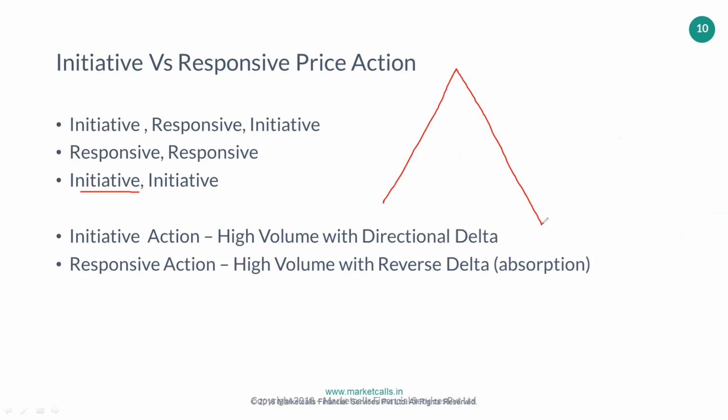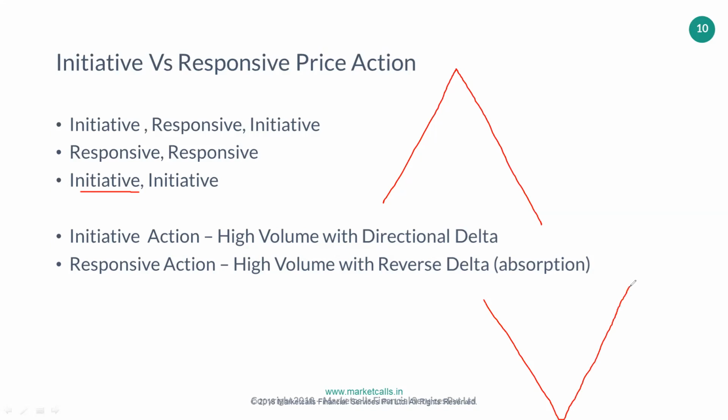So some of the reversals in the markets are characterized by initiative to initiative, which often gives subtle odds from the scalping point of view. You'll be able to recognize those initiative to initiative drives in the form of upside reversals or downside reversals. You're going to see this in V-shaped reversals.